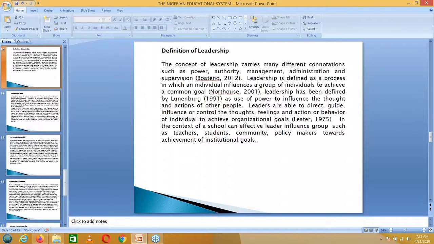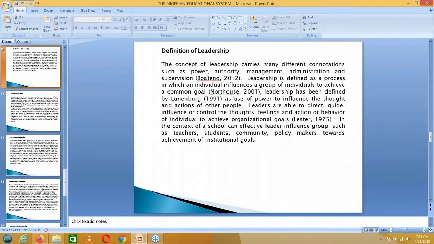In the context of a school, leadership influences groups such as teachers, the students, the community, and the policy makers towards achieving the institutional goal.